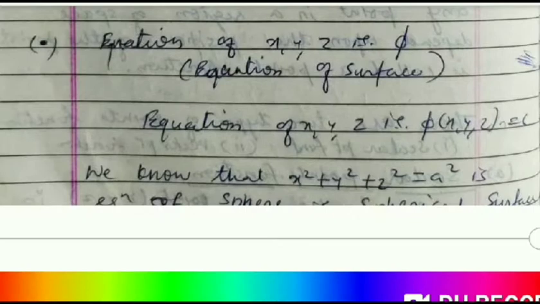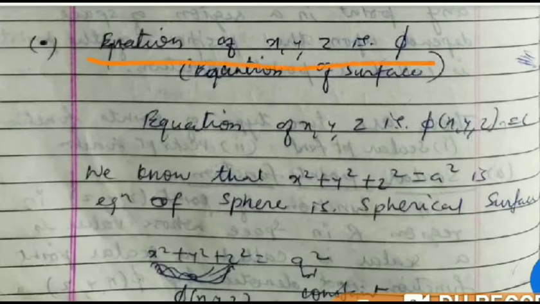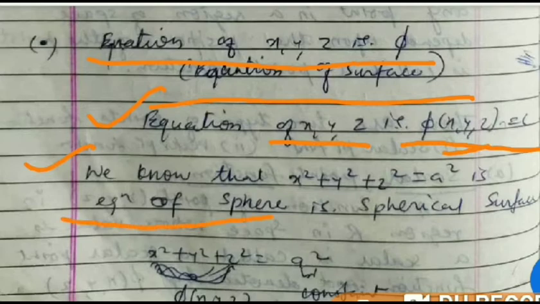Equation of a surface: phi of xyz equals c. We know that x square plus y square plus z square equals a square is the equation of a sphere, that means a spherical surface.